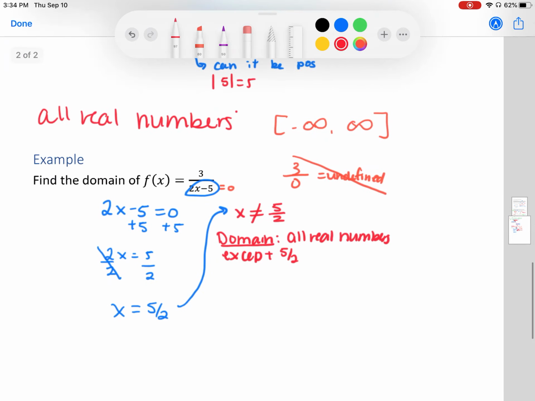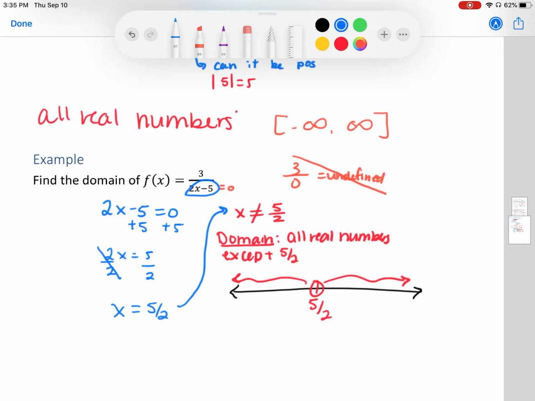Writing in notation, for me, always requires a number line, so I can see what I'm working with. And what we're saying is it can be any number except 5 over 2. It can be any number greater, any number smaller. I truly need the number line so I can interpret this in interval notation and set builder.